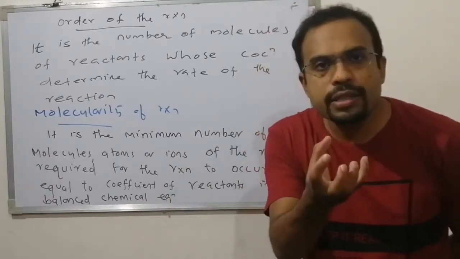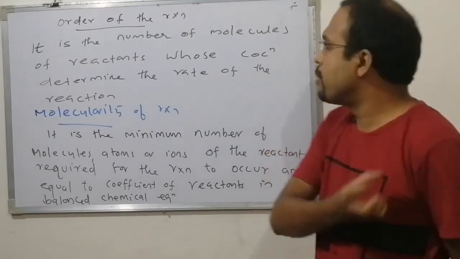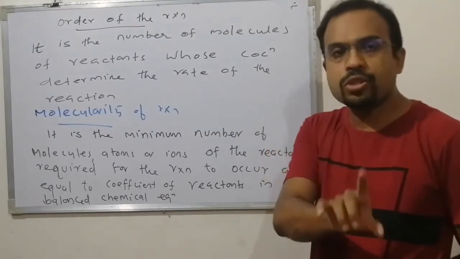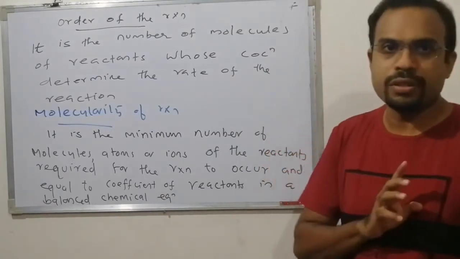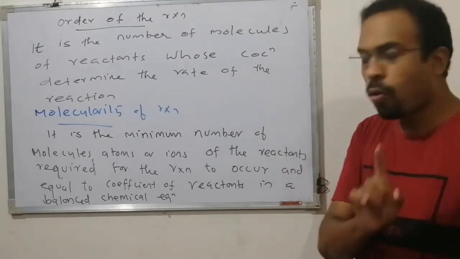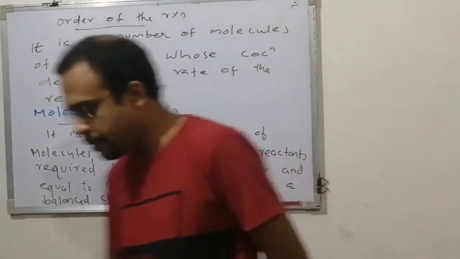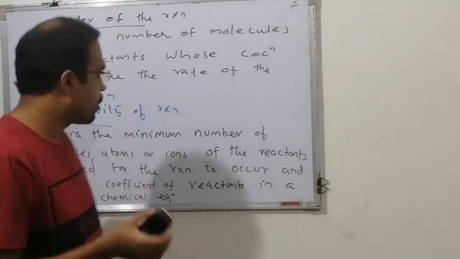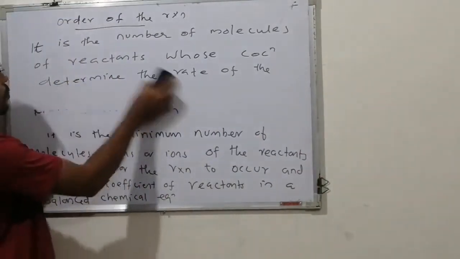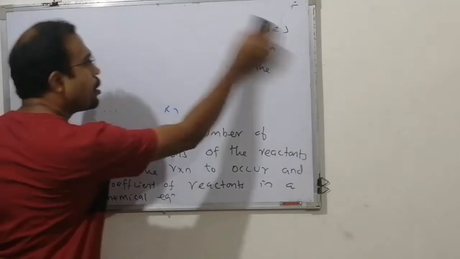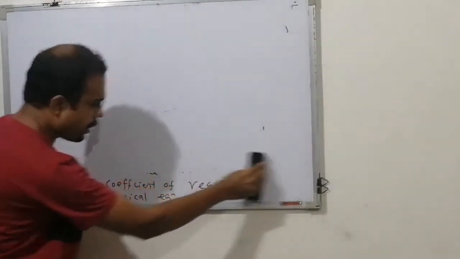Therefore, molecularity can be directly picked from the coefficients of a balanced equation. But you cannot pick order from the coefficients. You may fail. Order cannot be done like that, but molecularity can be done. Fine?